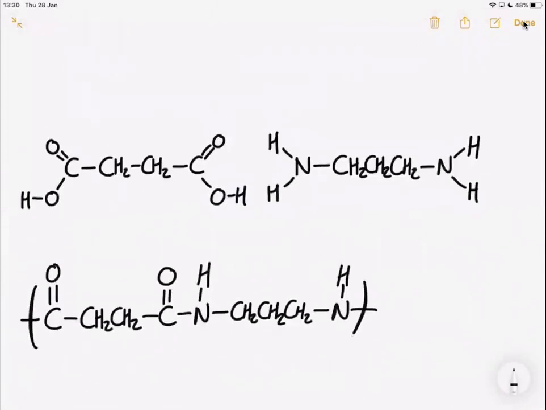So again, you're basically just transposing, meaning just copying, the middle section of the monomers down into the polymer diagram and making sure that the polymer diagram is reflective of all polyamides. Again, that just goes back to the bit from the beginning. There's an amide linkage in the middle.